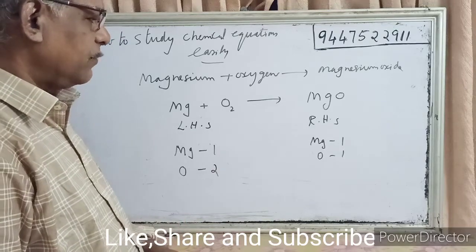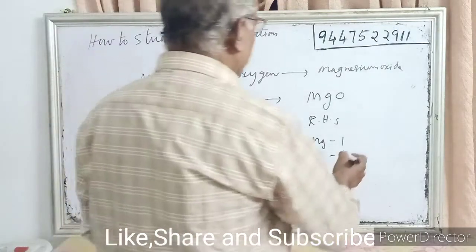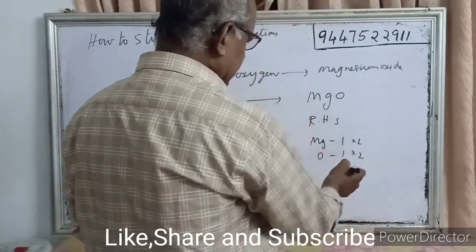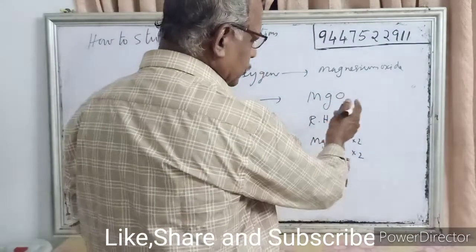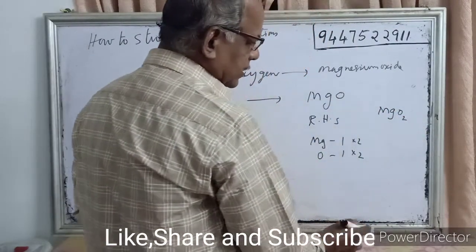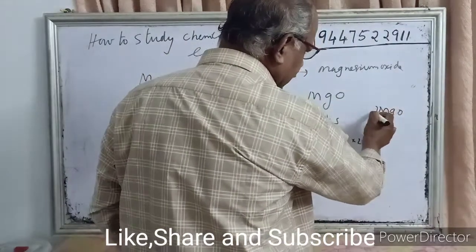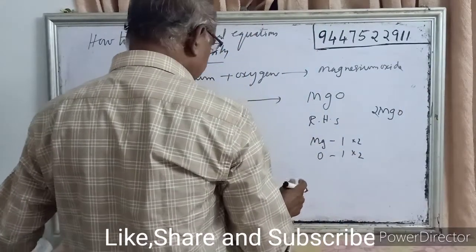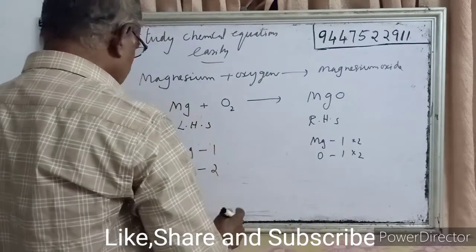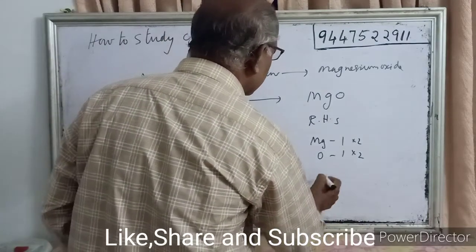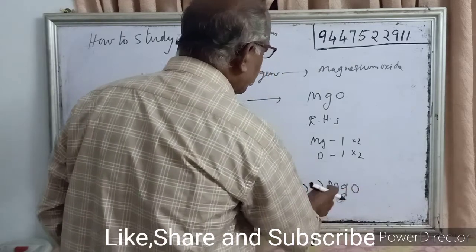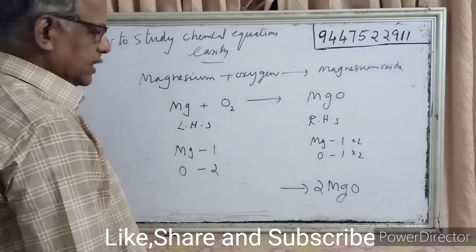For that we have to multiply with 2, both magnesium and oxygen. You should not write it like this; you have to write a 2 in front of it. So this becomes 2 MgO: 2 magnesium atoms and 2 oxygen atoms.